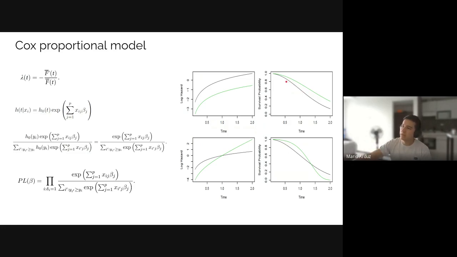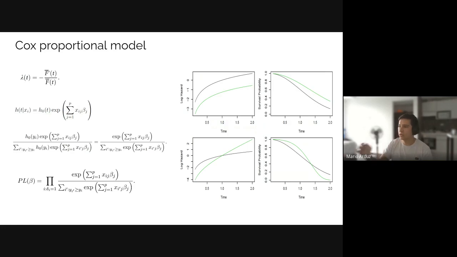So the effect of having one variable or the other would only mean a vertical displacement of the line. Perhaps in a logarithmic scale, the distance between them would be the same. But I guess the main idea is that the lines are not going to cross.